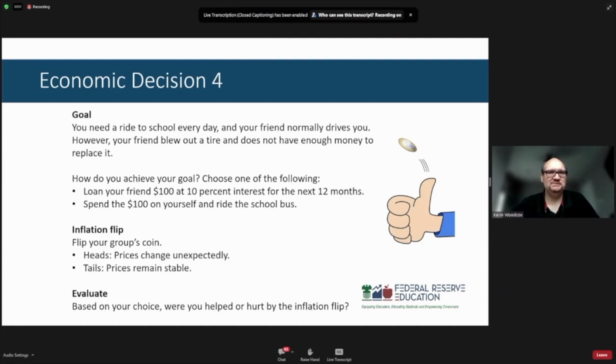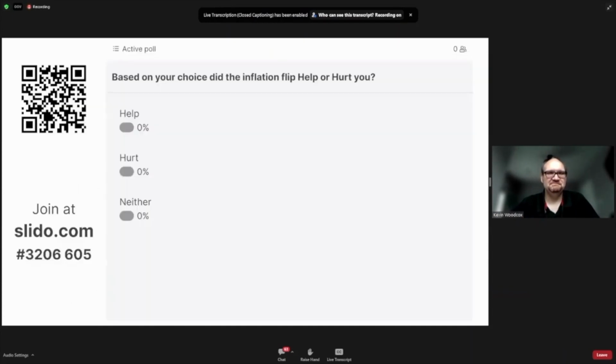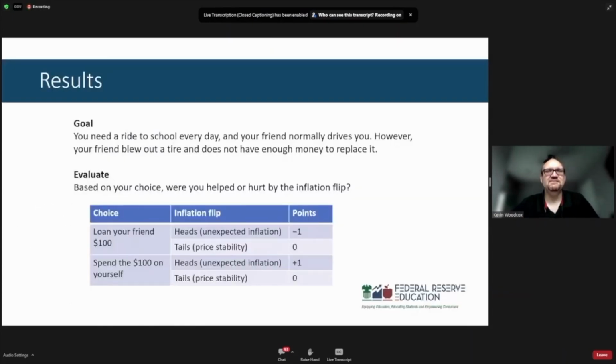Go ahead and flip your coin. So if you came up with heads for the loan, you would give yourself a negative point. If you came up with heads for spend the money yourself, you would give yourself a positive point. And in this case, with tails, prices are stable. So therefore, you would give yourself 0 points.